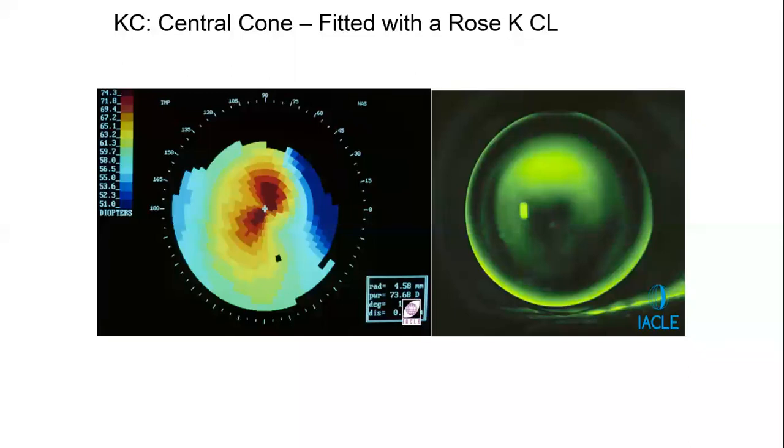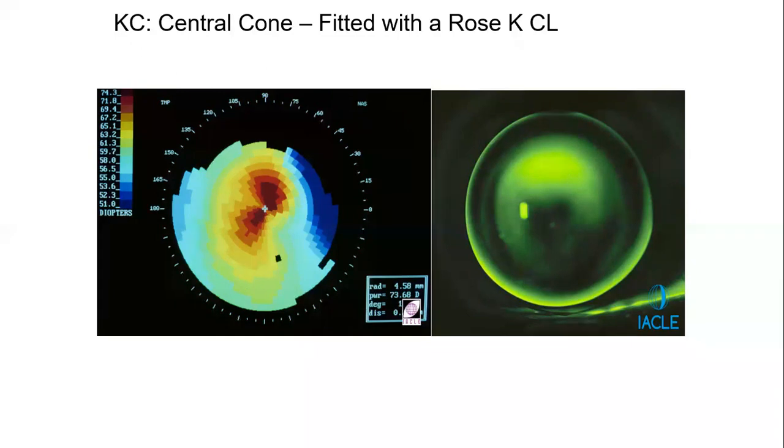As we can see centrally, the dioptric power is really high, around 74 to 71 in the 90-degree and 45-degree axis. So it's a central cone keratoconus. Central cone.